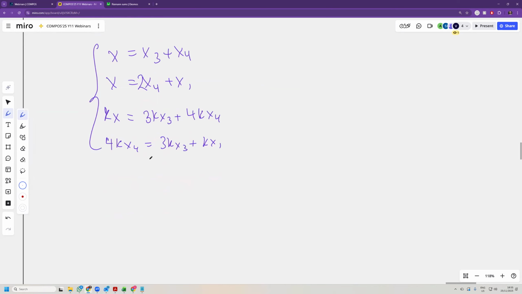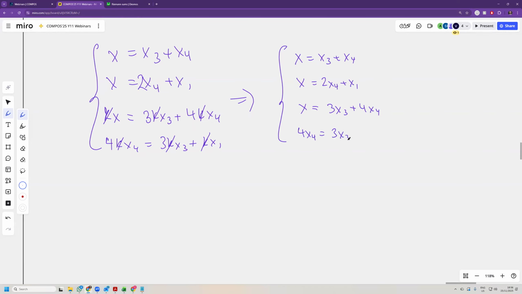Now k cancels in both equations. And hopefully we get something reasonable. X is x3 plus x4. X is 2x4 plus x1. X is 3x3 plus 4x4. 4x4 is 3x3 plus x1.